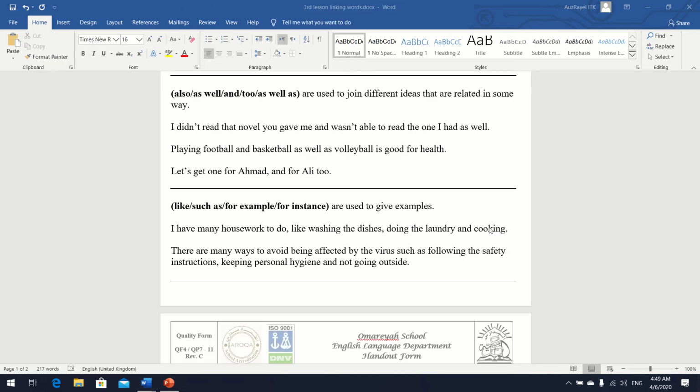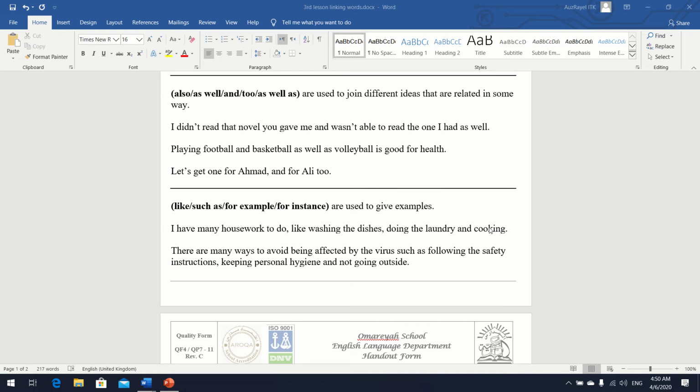The second group that we have here are also, as well, and, to, as well as. This group is used to join different ideas that are related in some way, to put more than one idea together. Okay, so for example, we say, I didn't read that novel you gave me and wasn't able to read the one I had as well.